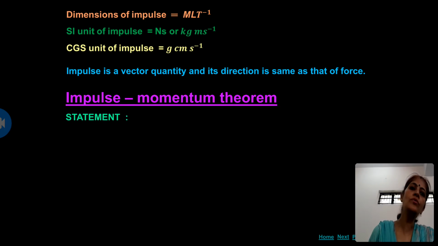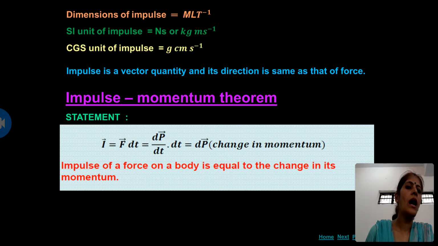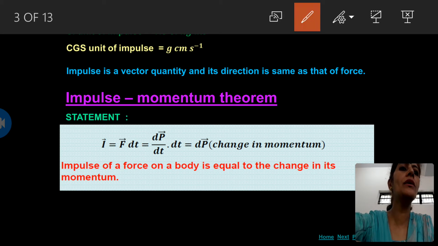Now the relation between the two is given by the impulse momentum theorem. Mathematically, I vector, where I stands for the impulse, which can also be represented by the capital letter J, is equal to F vector into dt. So using Newton's second law of motion, F vector is equal to dp vector by dt.